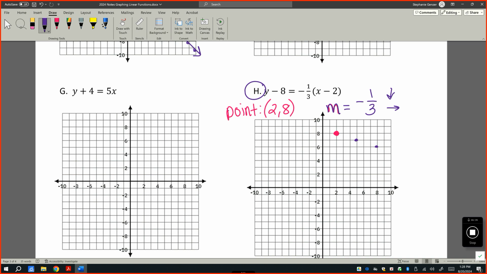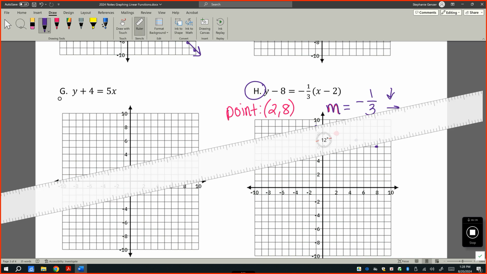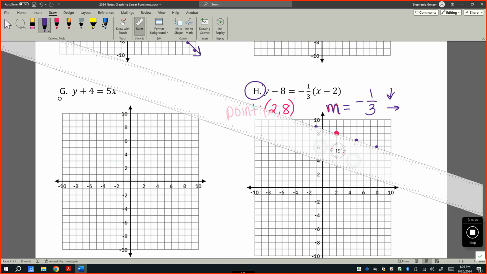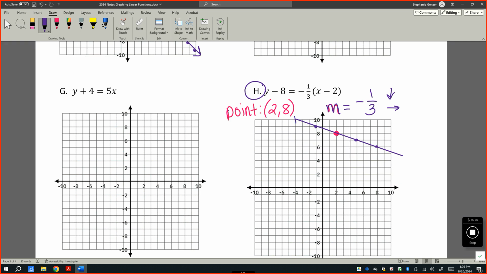Run out of room, do the opposite. Up 1, left 3. Okay? Good?